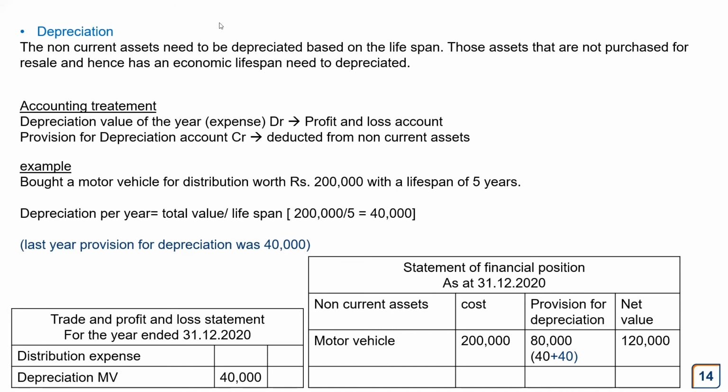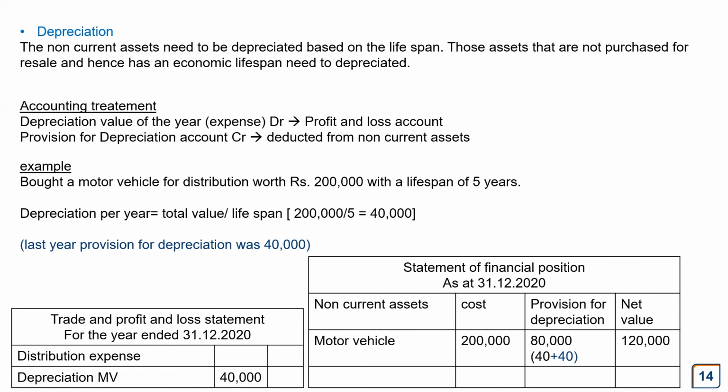Imagine you take a motor vehicle and the lifespan is 5 years, we depreciate it. That means we think that after 5 years it won't be helping us the same way, so we will depreciate it and keep the funds away, maybe to buy a new vehicle or to use it in another way, right?